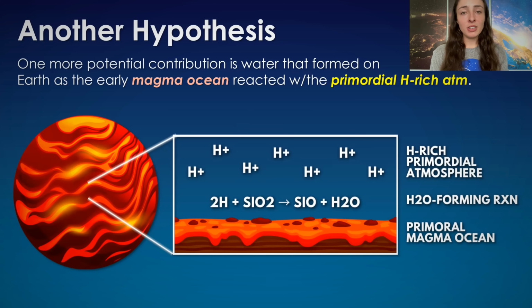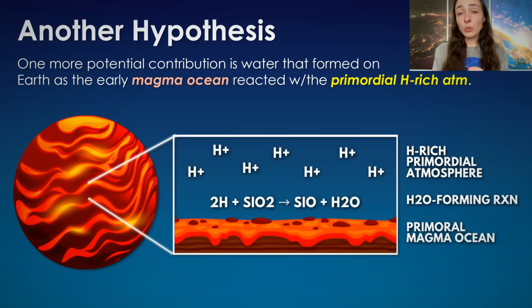But based on the references that I read, which are linked in my description below, it seems that this reaction likely couldn't have accounted for the amount of water within Earth's interior and at Earth's surface. Also, I don't know if I read anything about this, but based on my logical thinking about this scenario, hydrogen was mostly pushed out to the outer solar system during that early accretionary disk planet formation time.